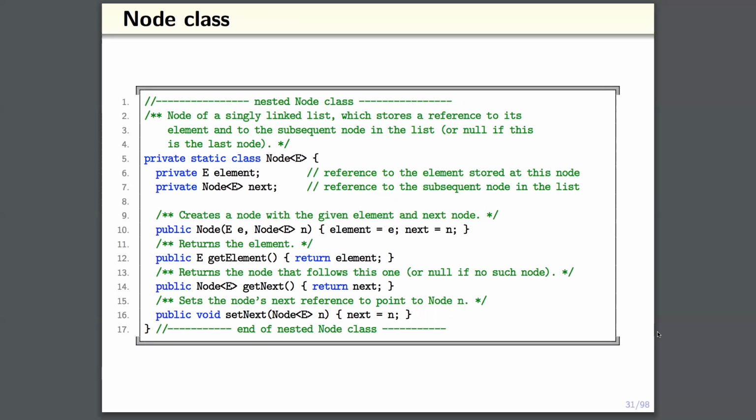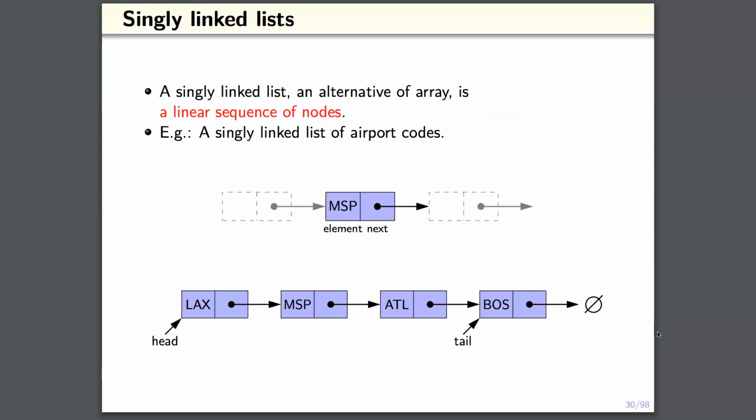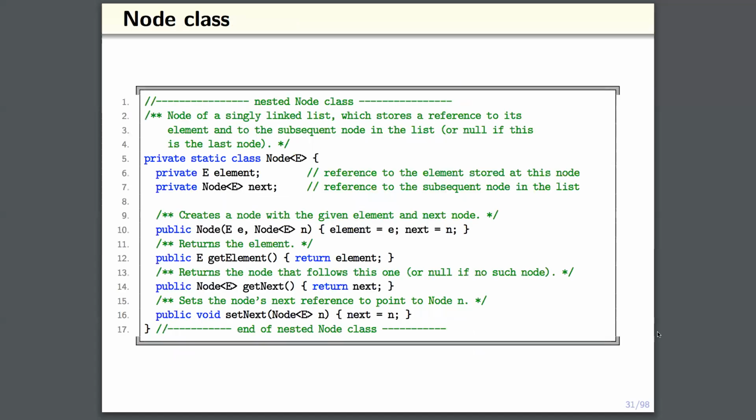First we will define the node class, and then we will define the singly linked list class. You see that a lot of nodes make a singly linked list. The node class is a private class. We will come to this later.